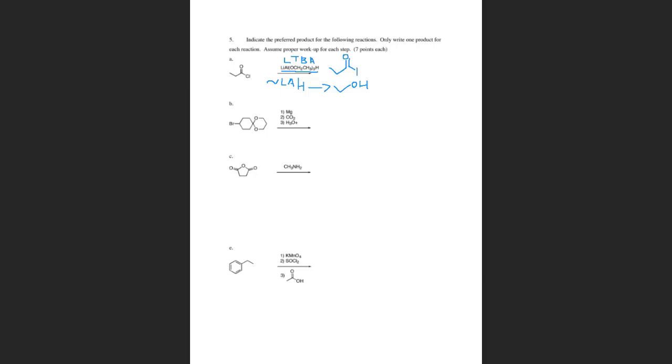Remember how they could oxidize primary alcohols to aldehydes only? In this case, LTBA can only reduce acid chlorides down to an aldehyde, not an alcohol. So that's that reaction. Just remember to use it whenever you don't want to go all the way to an alcohol.